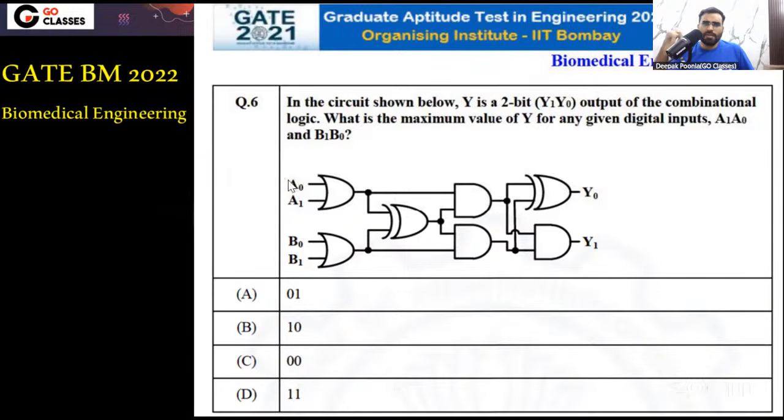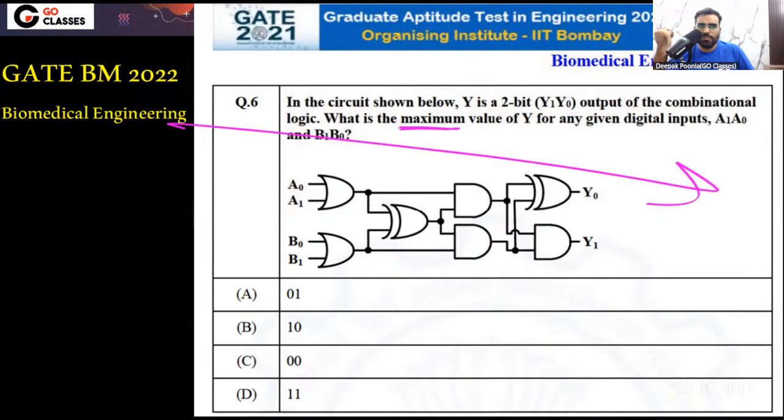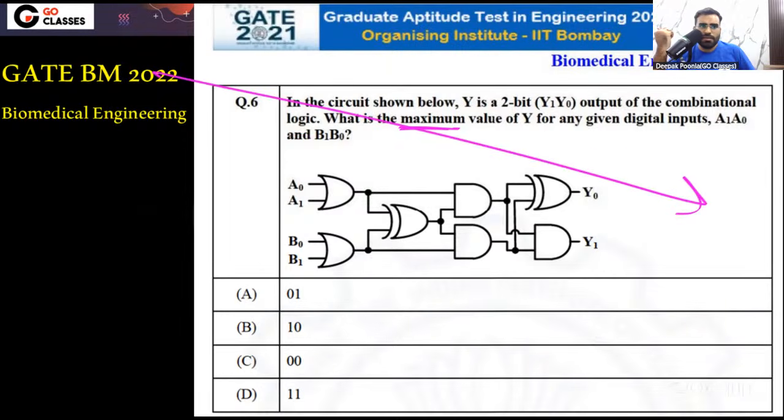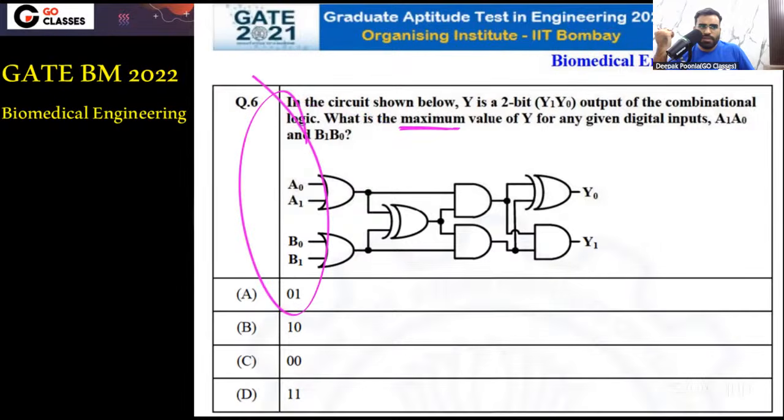So you will have to check 16 input combinations and find the maximum possible value of Y. So the forward direction does not seem efficient, right? If you go in the forward direction, then for the input variables there are 16 input combinations.